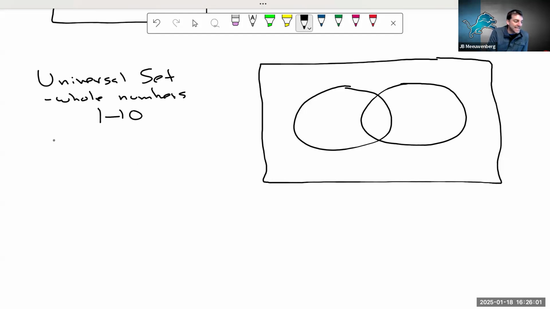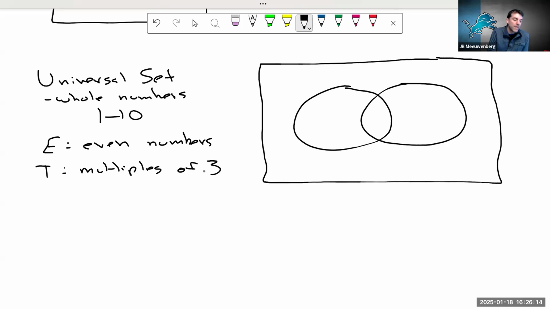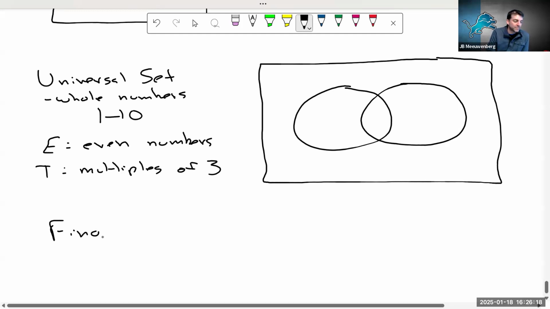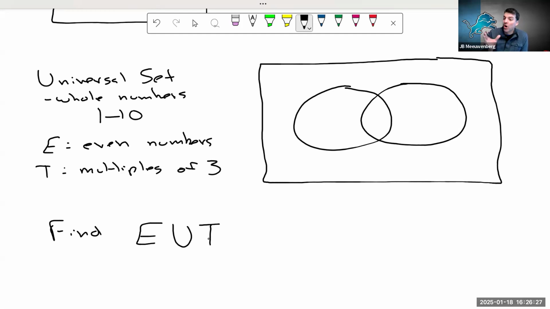Set E is the evens, and set T is the multiples of 3. What we're going to do now is find E union T. Previously, we did E intersect T. Now we're going to do E union T. Again, pause and try this on your own if you think you've already got an idea.